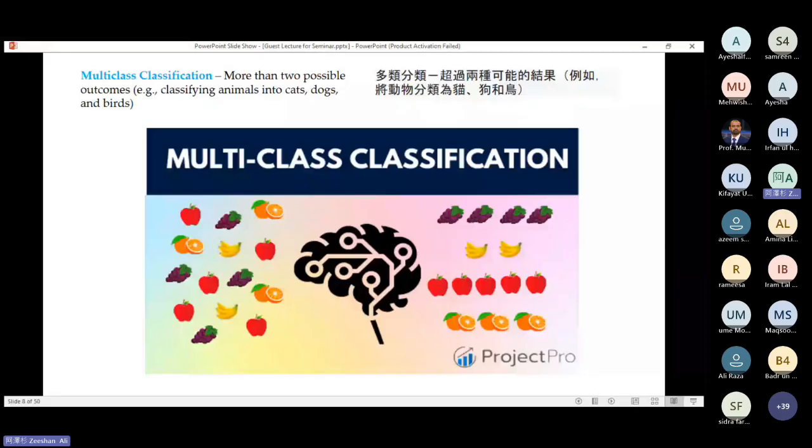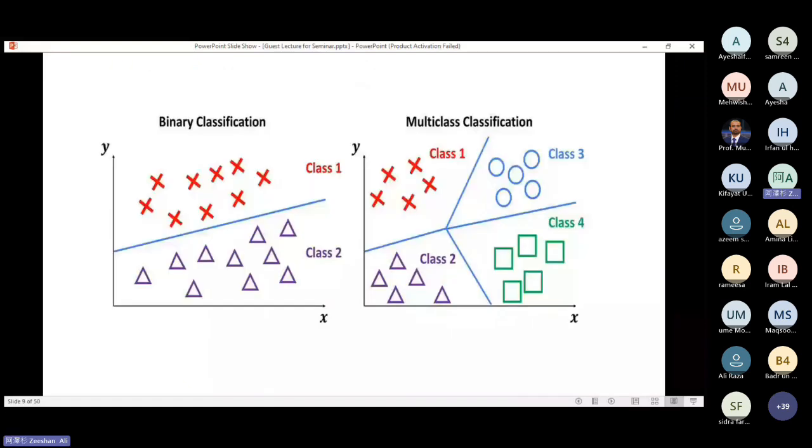For example, we have four different types of fruits: grapes, bananas, apples, and oranges. So we divide these fruits into four different categories according to their names and structures. So it is also called multi-class classification. Similarly, we have the geometrical representation of binary classification as well as multi-class classification.